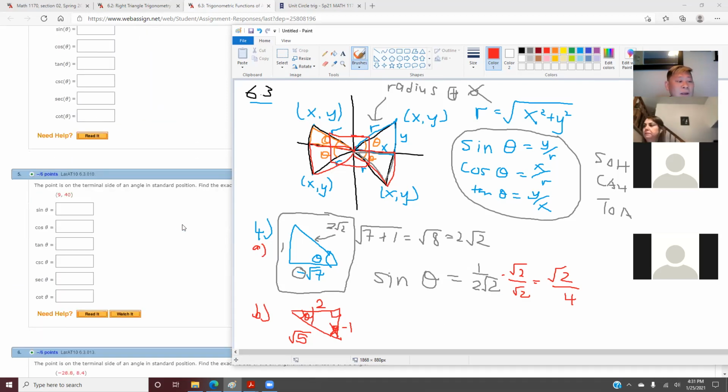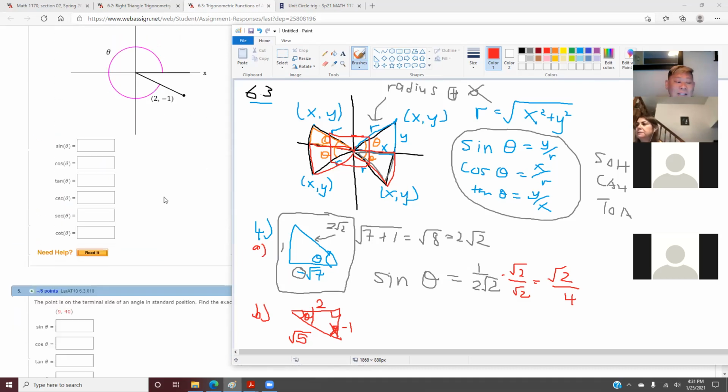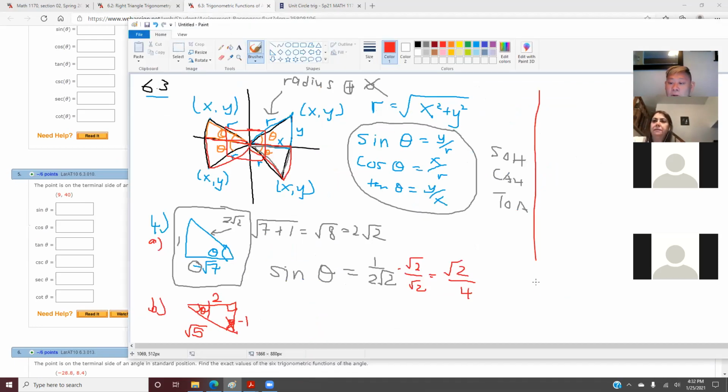Same thing happens over here. This one they draw nicely and give the coordinates. In question 5, they only give you the coordinates. So can you tell me what quadrant 9, 40 is, if you plot it in your coordinates? First quadrant.